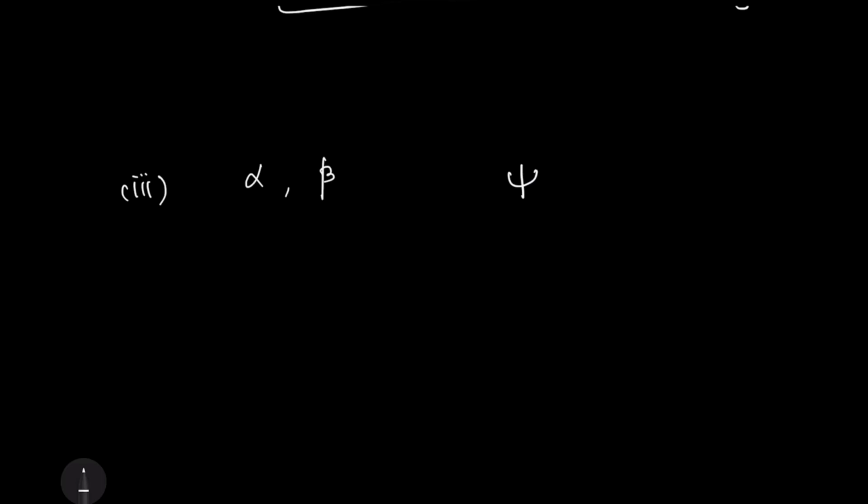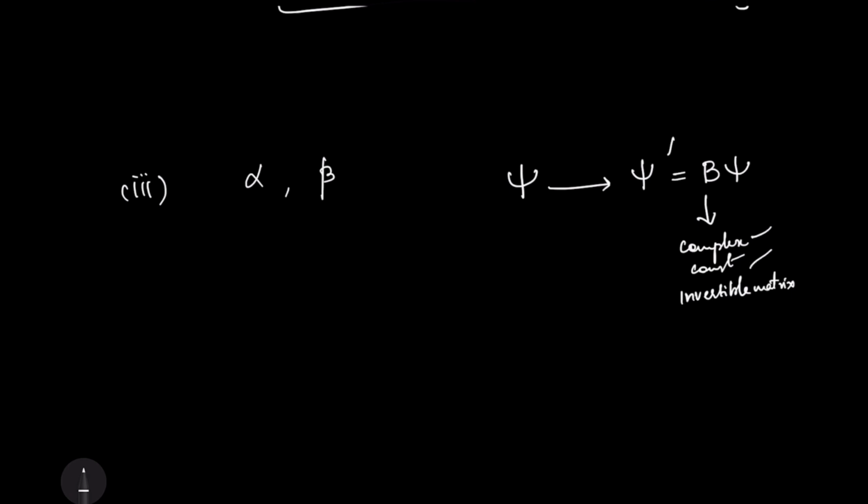If you change the basis from psi to psi prime such that psi prime is equal to some constant b times psi, here b is a complex, constant, invertible matrix, so the inverse exists.